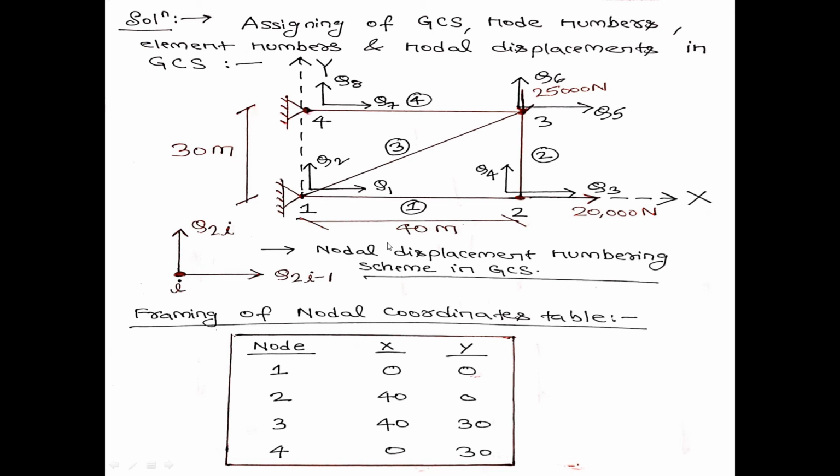The truss has 2 degrees of freedom at each node, along the x and y axes. For node 1, the degree of freedom along the x axis is q1 and along the y axis is q2. For node 2, along the x axis it is q3 and along the y axis it is q4, and so on. By looking at the diagram, there are altogether 8 degrees of freedom.